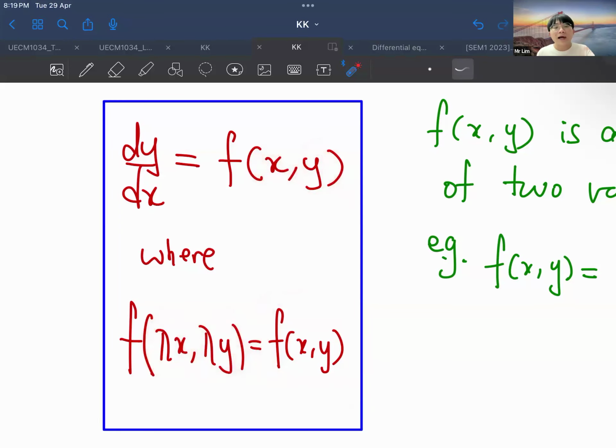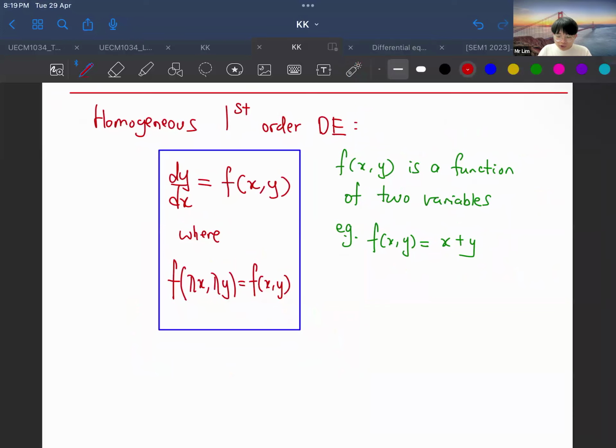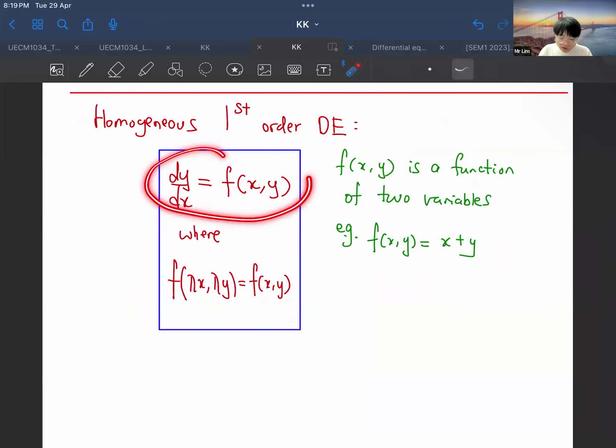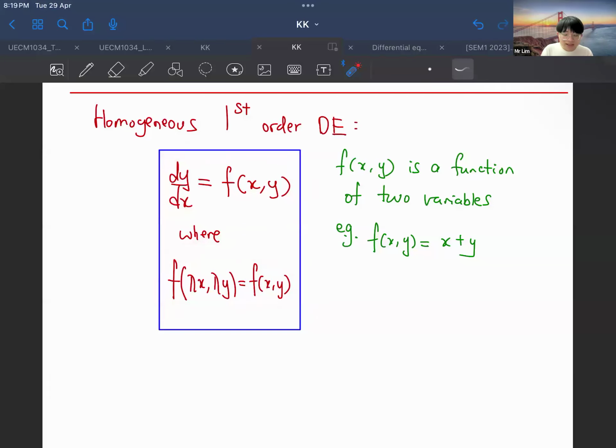Of course, now you won't understand what it means, so I'm going to give you an example for you to understand. If I have a differential equation that satisfies this condition, then I can call this differential equation a homogeneous first order differential equation. That's the name of the DE.